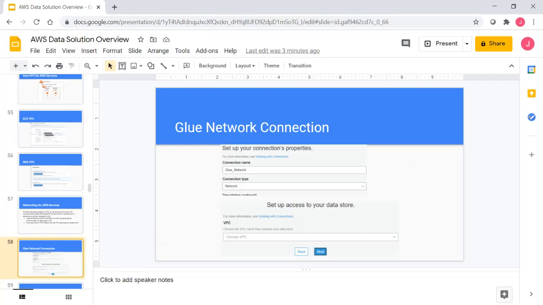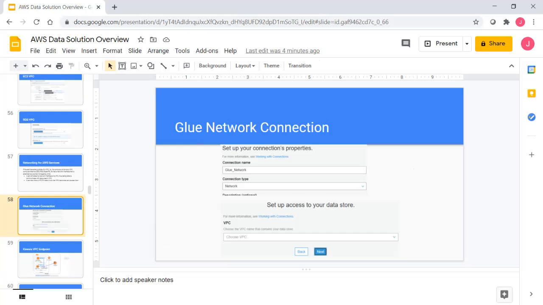JDBC or some others. And the most relevant to our discussion is a connection type called network. It gives you a VPC for you to choose from, and you will choose the VPC that it will be attached to.